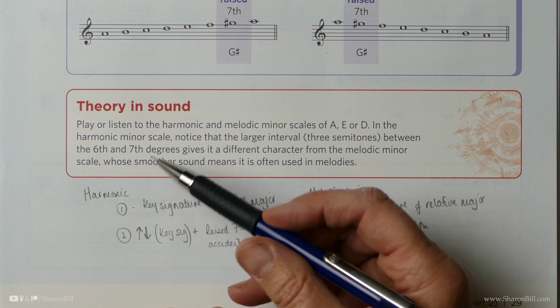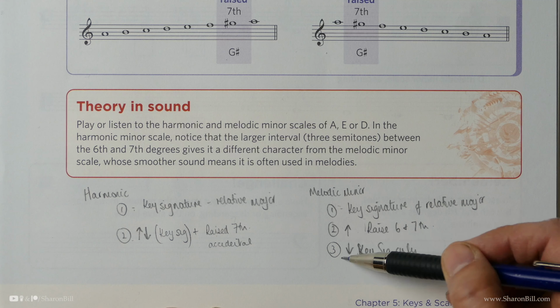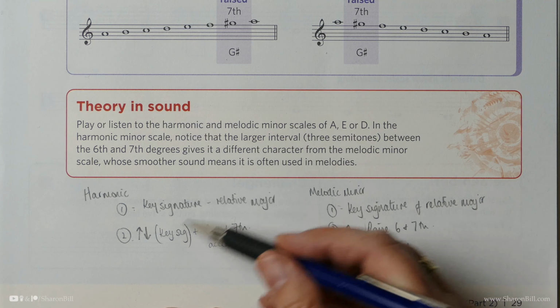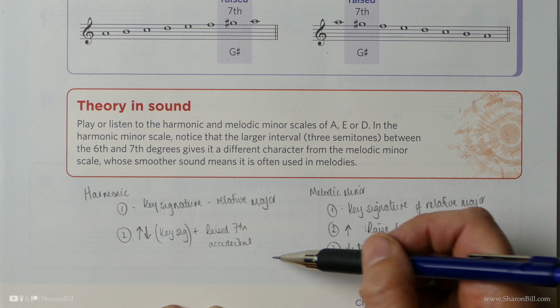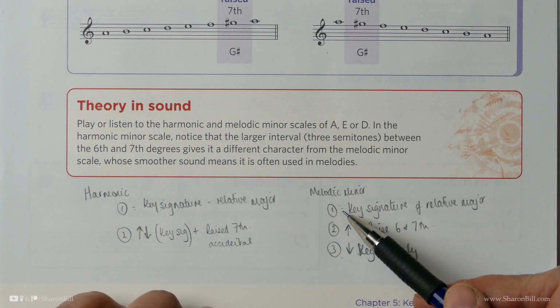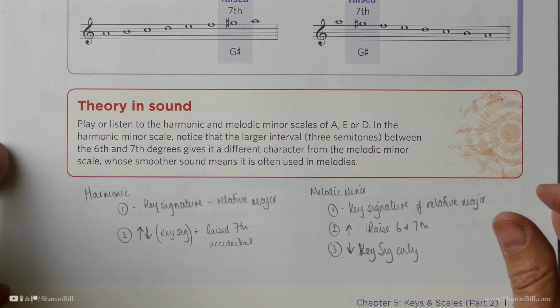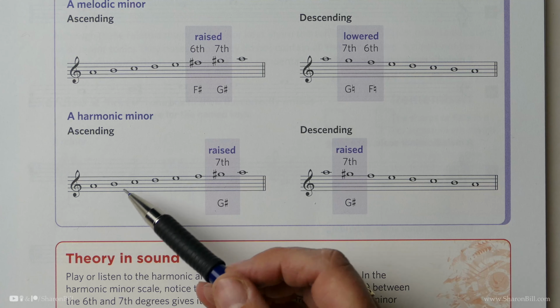And I suggest that you just get used to writing these stages out in list form, and then that's a formula for everything that you need to know to work out either the harmonic minor or the melodic minor scale. Let's look at this in practice now. We'll look at the harmonic minor first of all.